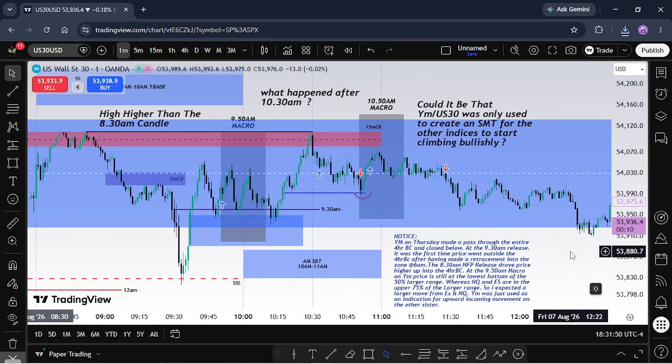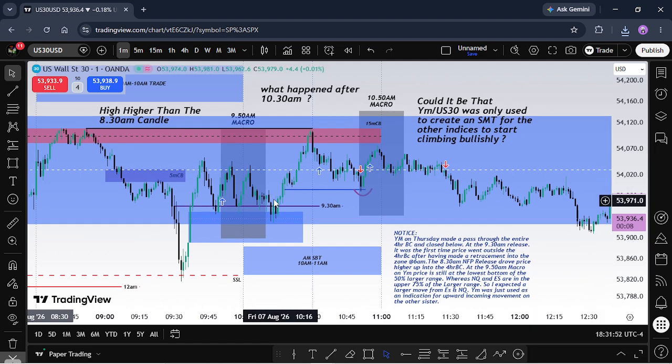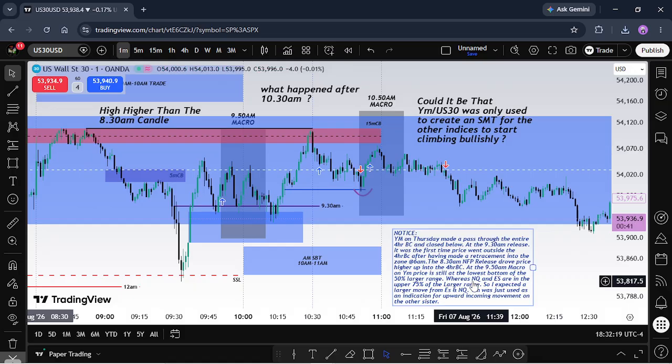It had to first break the 0.25 level and the 0.5 level of the lower range, then it had to break the 0.5 level of the upper range, which it broke and then came back down. And then it had this 15-minute CB to break as well. So yeah, it did have resistance. But for me personally, as of now, I think this is the answer.